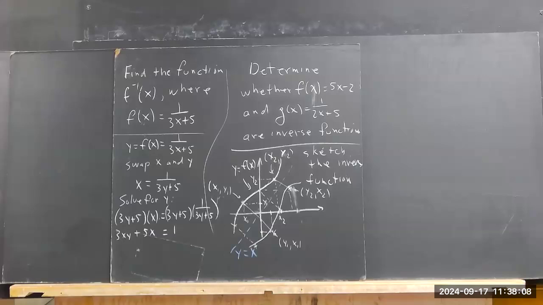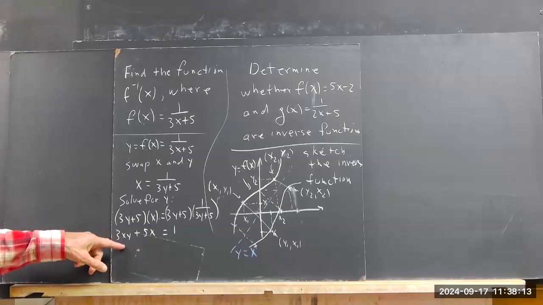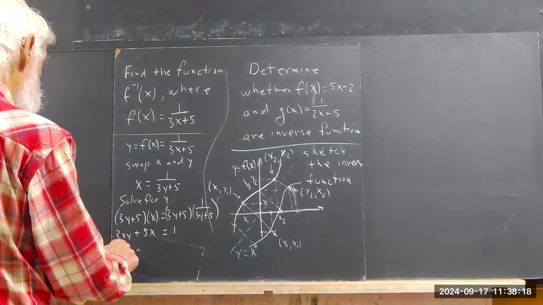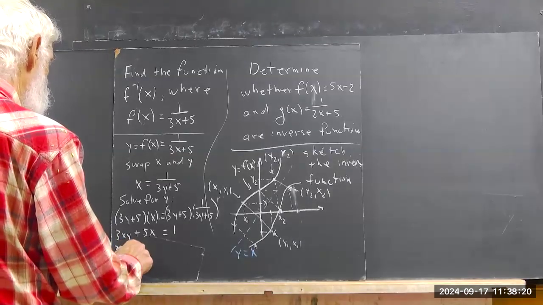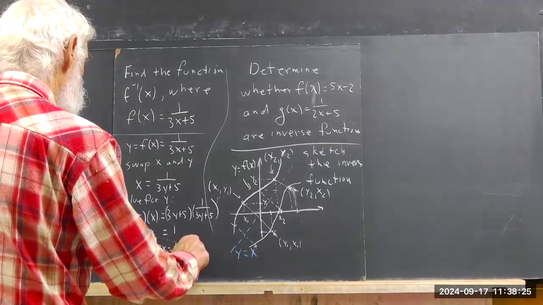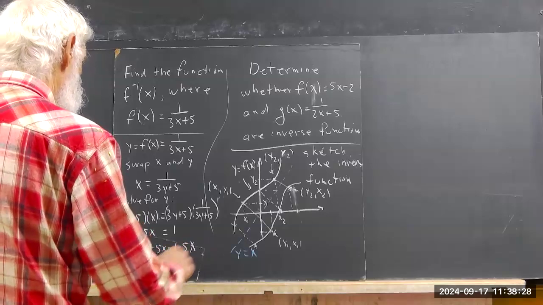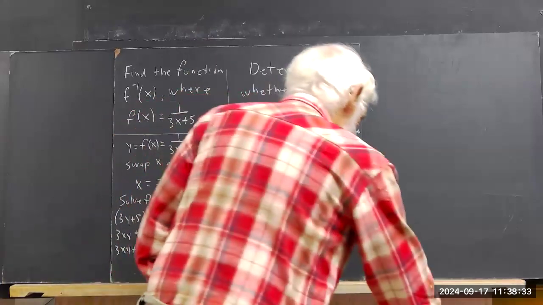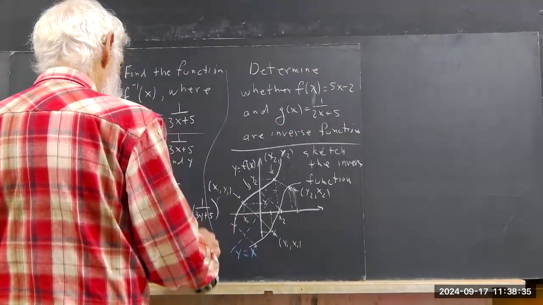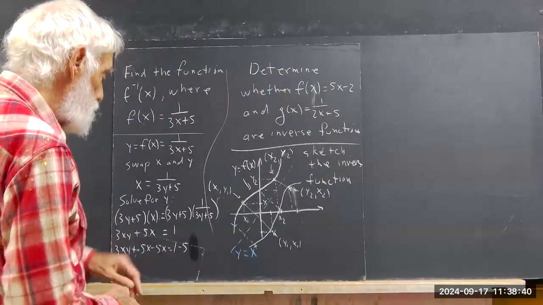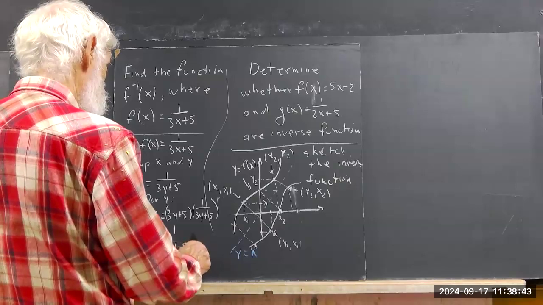Okay. Now we're trying to solve for y, so we want to isolate y on this side. So we're going to have to subtract that 5x from both sides. So we've got 3xy plus 5x minus 5x equals 1 minus 5x.